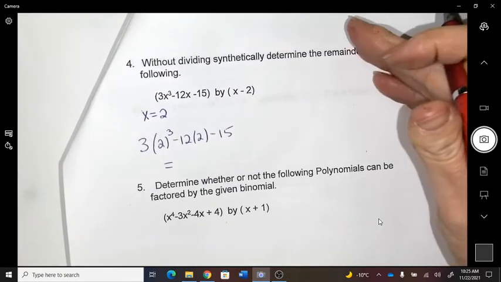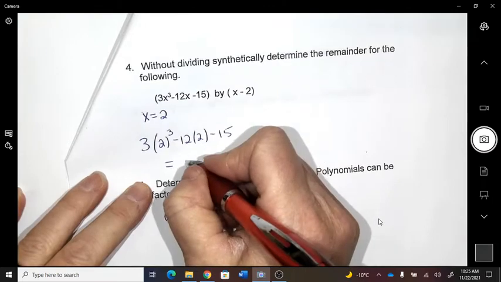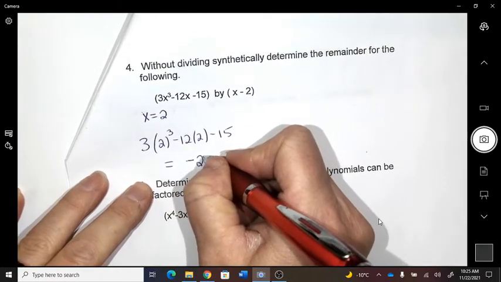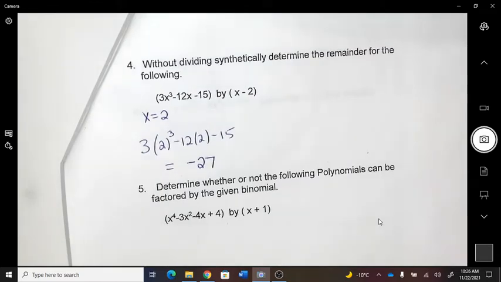Because if it's a factor, you're doing an opposite for the actual x-intercept. Oh, wait. No, I didn't get that. I got that in my calculator, but I didn't get that in my head here.